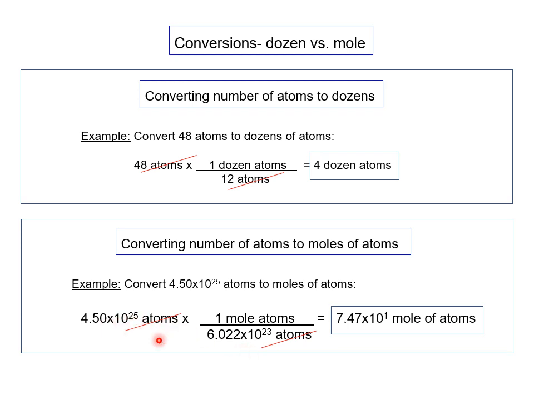So I divide these two by each other. My answer should have 3 significant figures because 4.50 has 3 significant figures. And so remember that for moles, the significant figures are determined by how many are given in our problem.